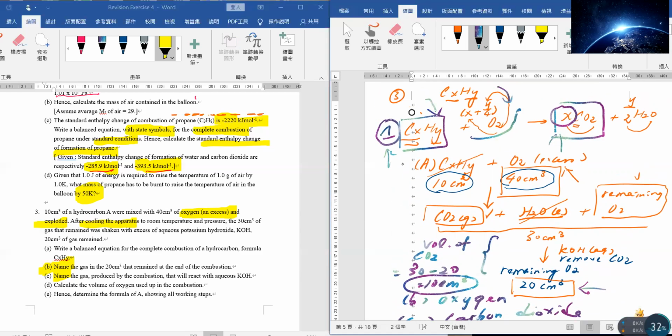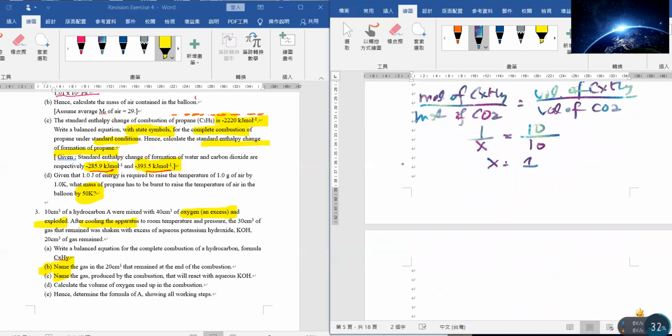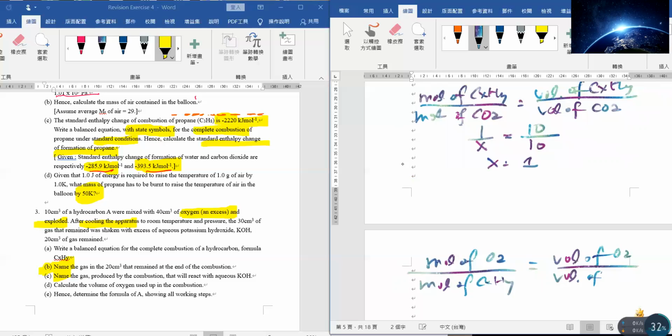Okay, this time, now can you see the mole ratio? x plus y over 4 and then 1. So this time I will try to do it like that. Mole of oxygen over mole of CxHy equals the volume of oxygen over volume of CxHy, okay?